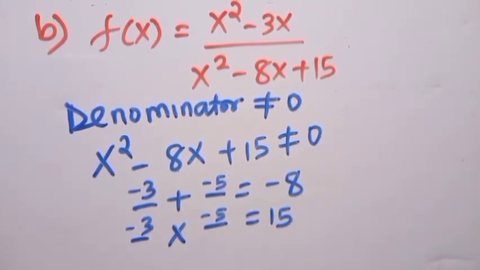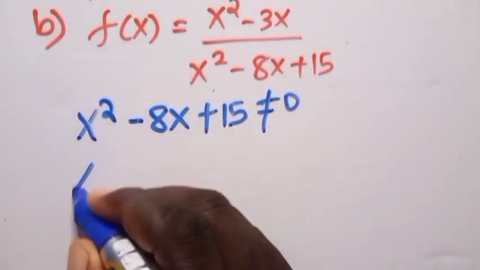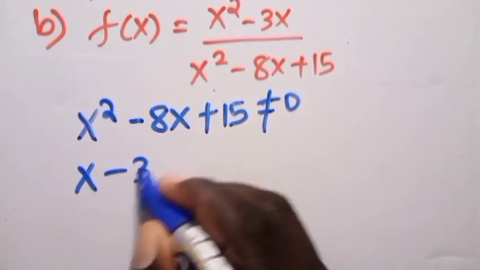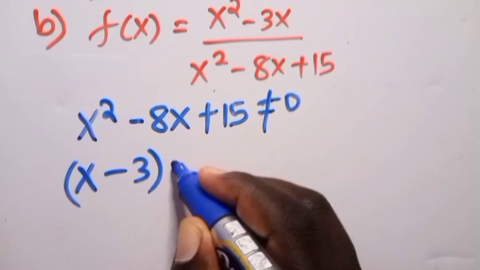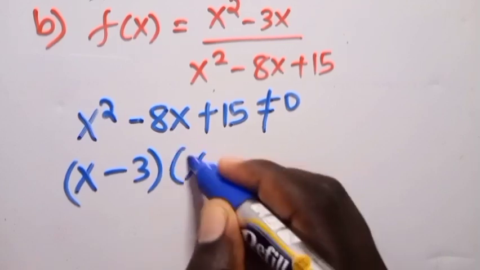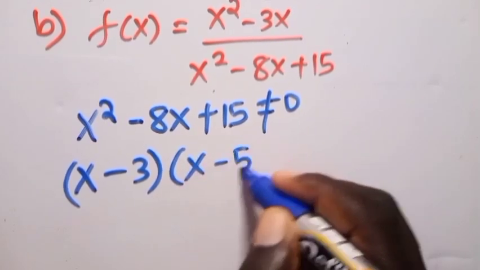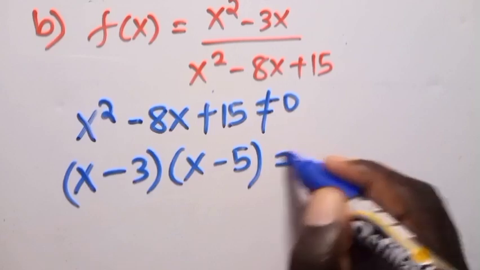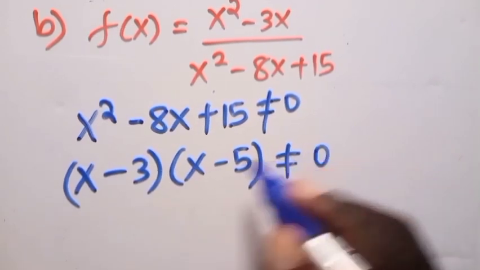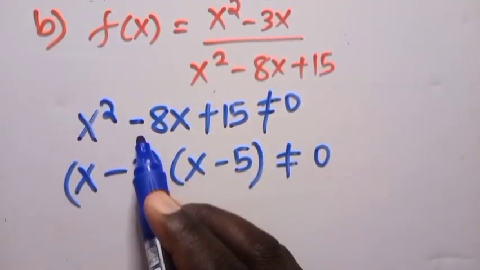Therefore, we shall have x minus 3, close the bracket, x minus 5, close the bracket, should not be equal to 0. When you expand this, you will get the original expression.